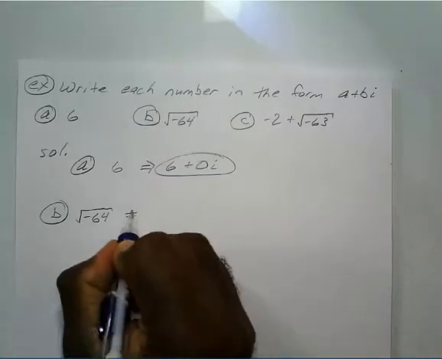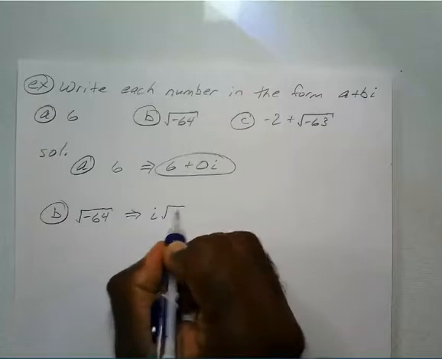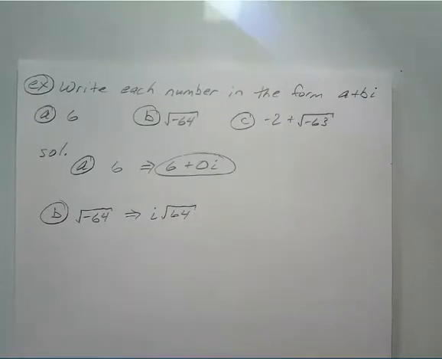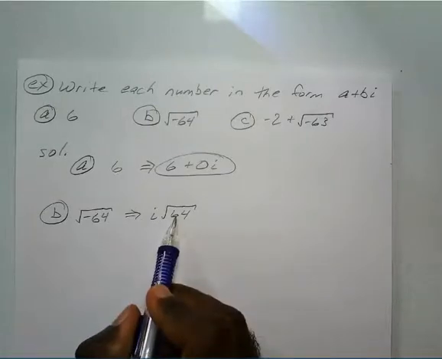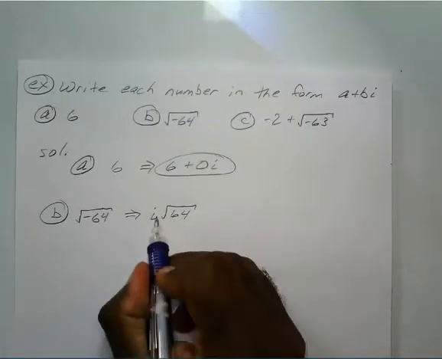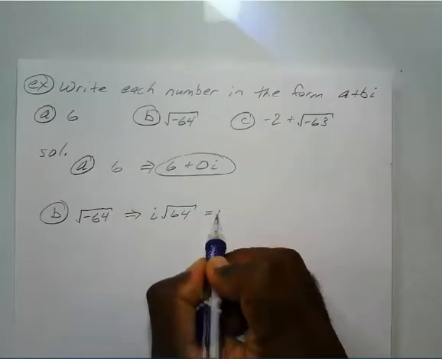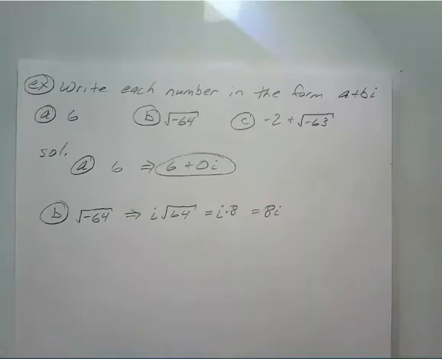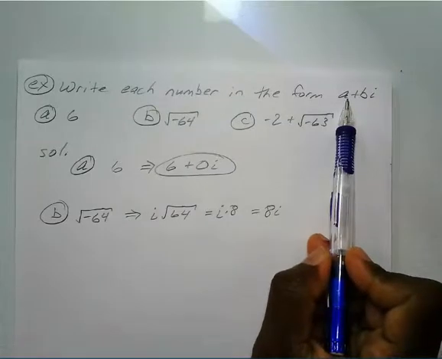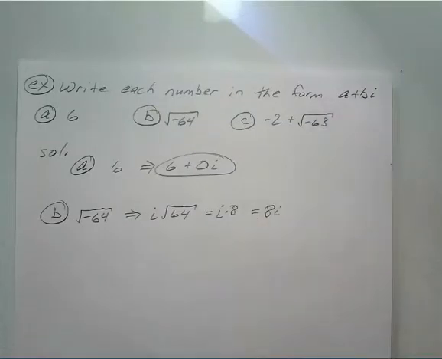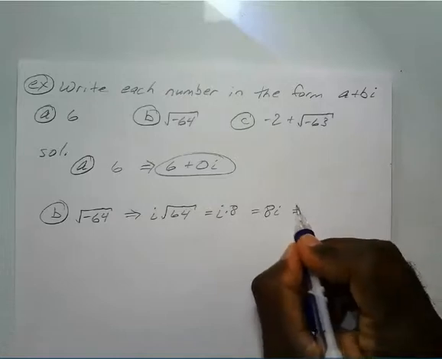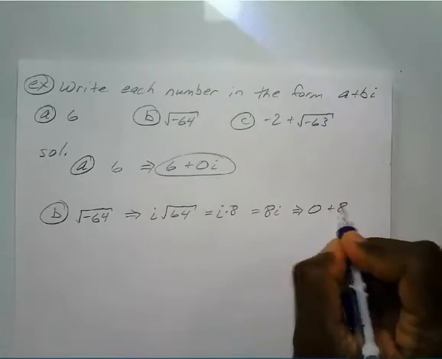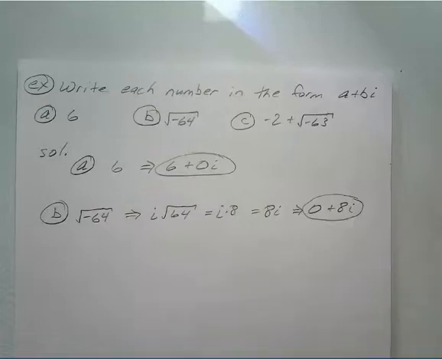So we know that this is just equal to i times square root of 64. Okay. Square root of 64 is positive or negative 8, but we're just going to use the positive, so we're going to make it i times 8, or 8 times i if you want to just flip it around. But it's not in the complex form. But we can make it 0 plus 8i as our complex form.